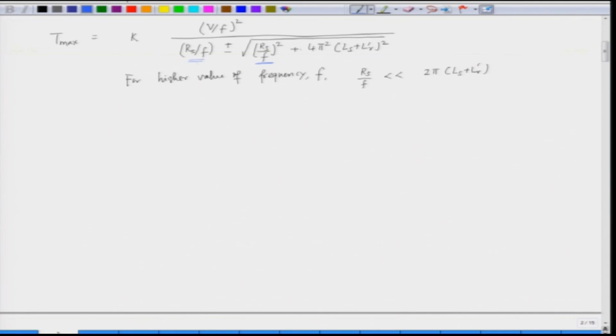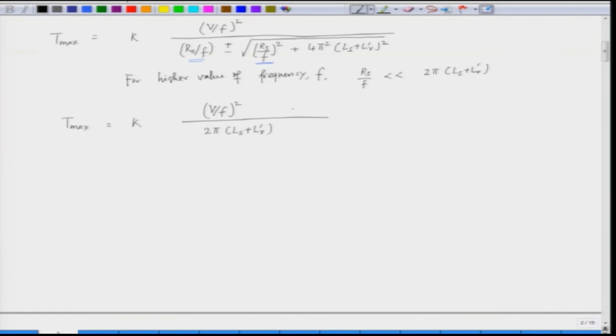So, what we get finally by ignoring R s by f is the following equation. T max is equal to some constant k V by f square divided by 4 pi square L s plus L r prime square under root. So, this is 2 pi into L s plus L r prime.